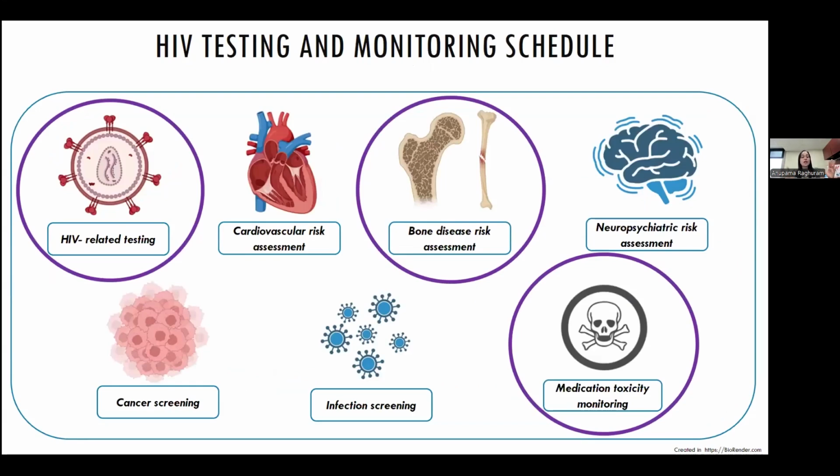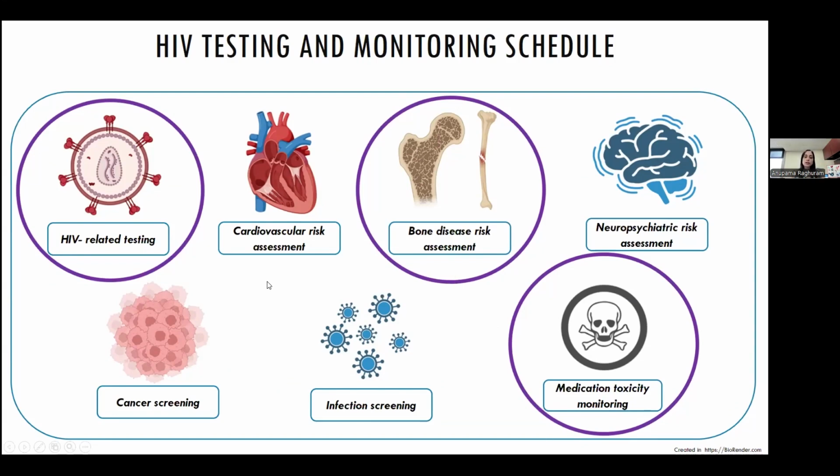Okay, now we talked about how the medications work, what regimen, how you combine them to make a regimen, and what regimens we used in treatment-naive patients. So now we're going to go into HIV testing and monitoring schedule. There are several aspects, as you can see on the slide, that we need to monitor, but I'm going to be focusing on HIV-related testing, on bone disease risk assessment, and medication toxicity monitoring.